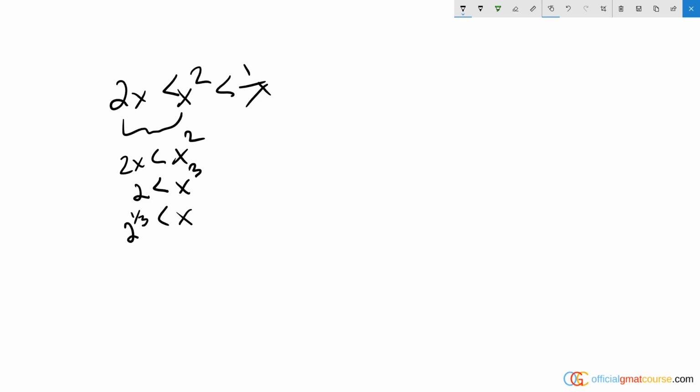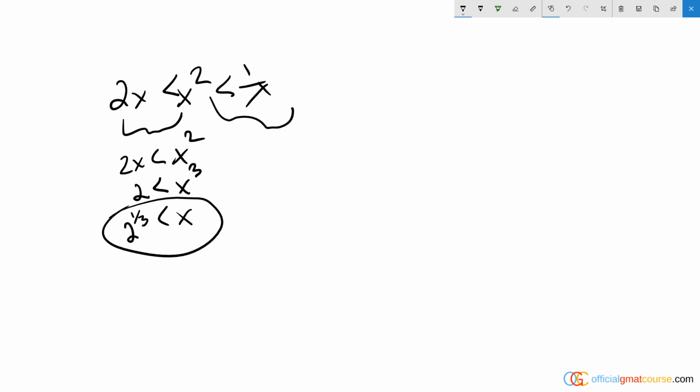And the cube root of 2 is something greater than 1 but less than 2, because when I cube it, so it's like 1.2 or 1.1 or something like that, when I cube it, it has to get bigger and become 2. And if it was less than 1, it would get smaller when we cubed it. So I know it's a number slightly greater than 1. So we'll just hold that for now.